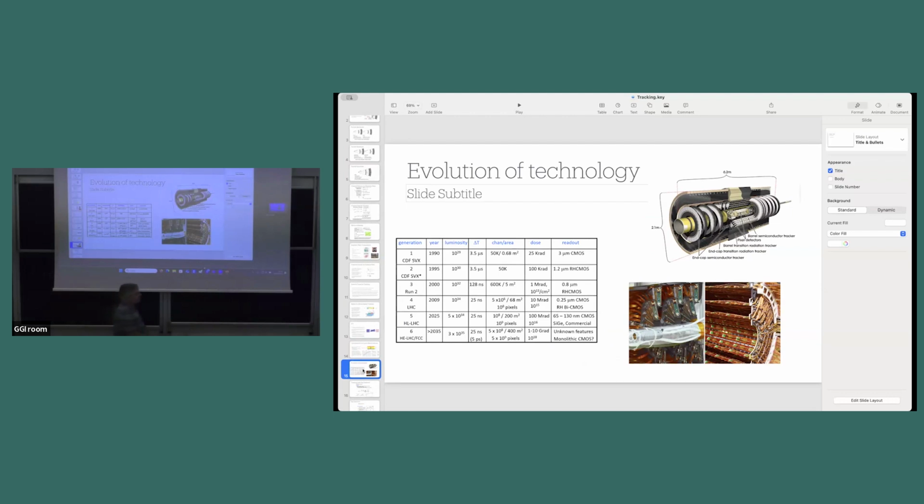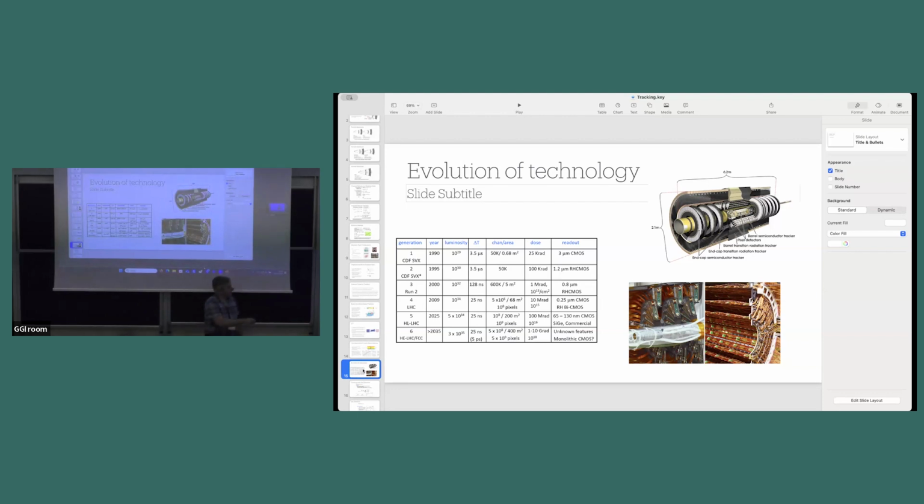And then you can see over time, as the technology has advanced, both in terms of the amount of pixelation that has been achieved, the increased ability to read it out quickly, and increased radiation hardness, we've gone from the initial devices that only had to survive kilorad doses up to gigarad doses for the HL-LHC and future colliders, and megarads.